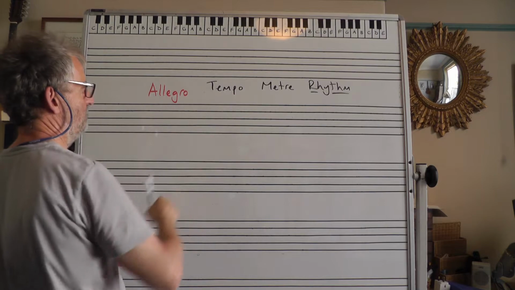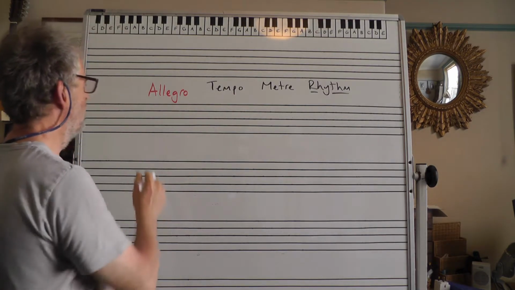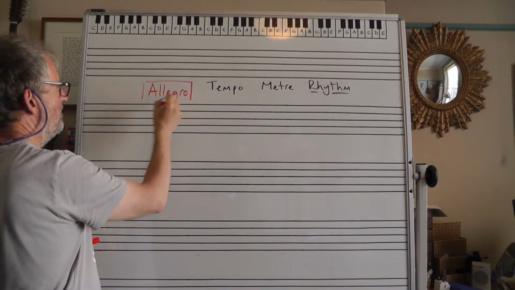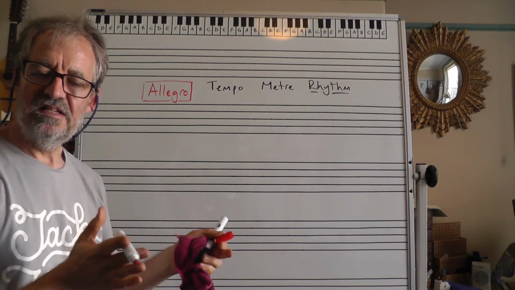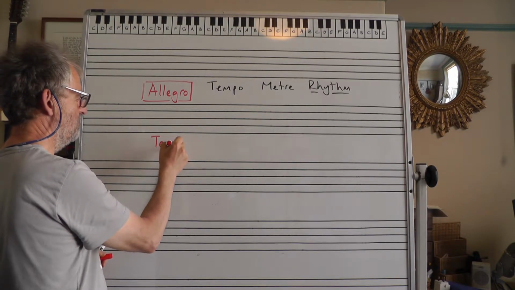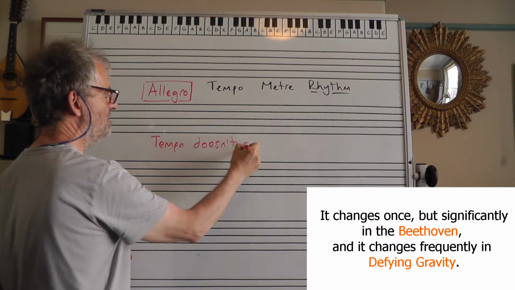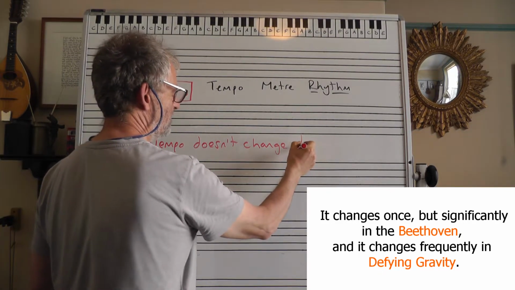Now, meter. That's a tricky one. I'm going to come back to allegro and say that in some of our pieces that we study later on, the tempo changes. In this piece the tempo doesn't change, and that's an important thing in itself. The tempo does not change at all in this piece.